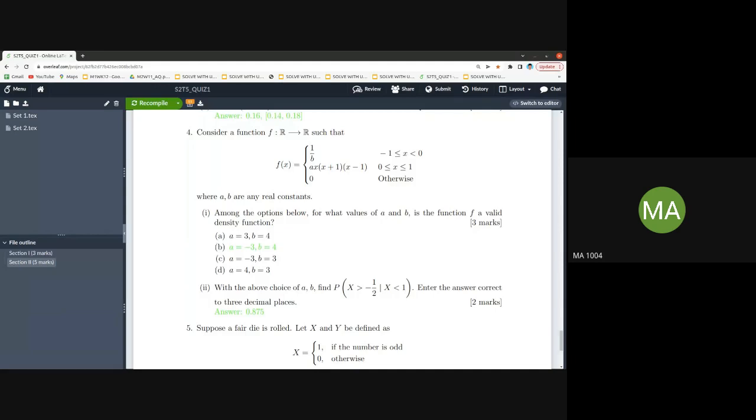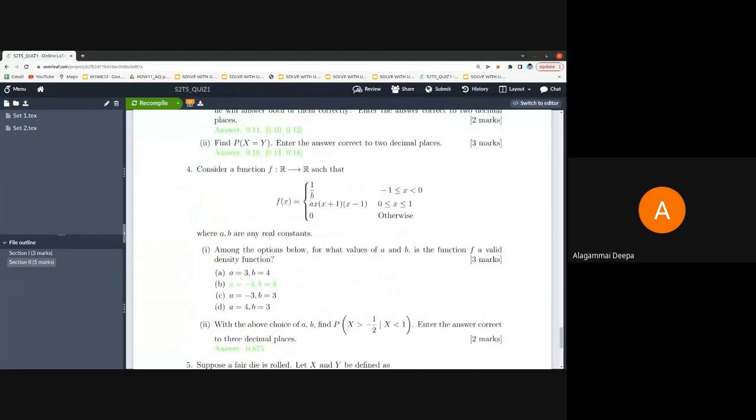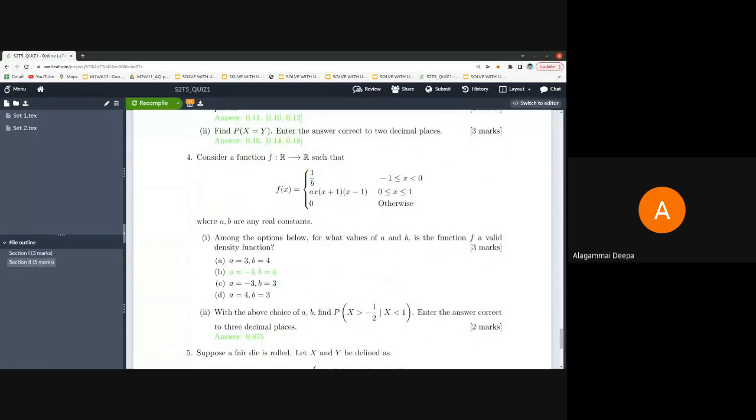Yes, sir, you should have given us marks, whoever didn't know the integration. I also struggled with integration because I thought surely it would be given, so I didn't concentrate on integration much. I tried, and at the end I got a different value, the swapped value, sir. Even I got stuck on that part. Based on that, the second question also went wrong, and the following question also went wrong.